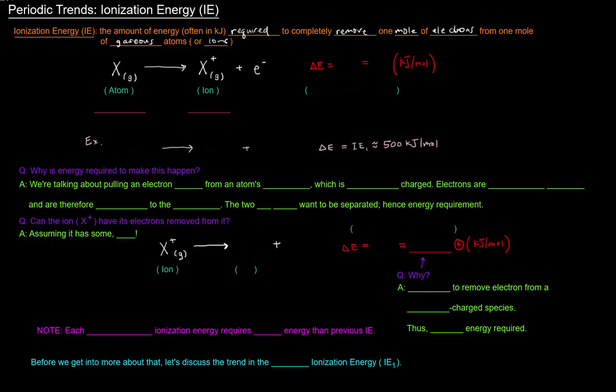So here we've got the reaction definition, the reaction that we actually see here. This is the reaction for the ionization energy. We start off with X, which is the elemental symbol of some atom, some element, and it's initially neutral, at least in this case.